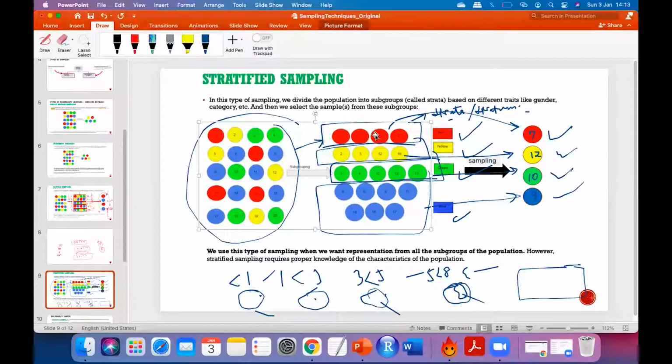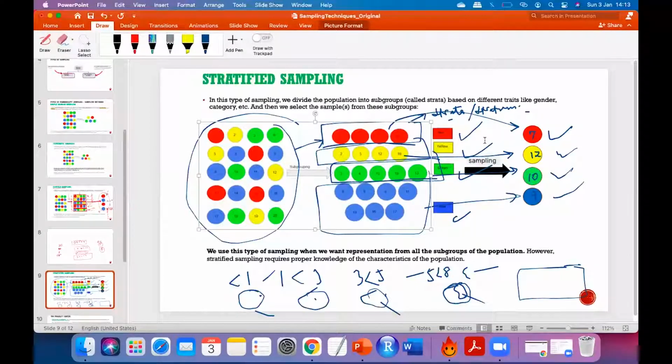Now one stratum will contain homogeneous values, or people with the same economical condition, and so on, based on your data set. So all these data points would be homogeneous to each other and heterogeneous to others, correct? And now I'm not selecting one stratum. What will happen if I select one stratum?